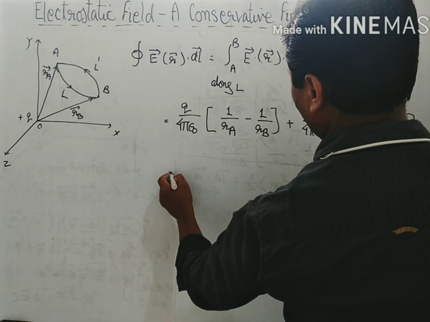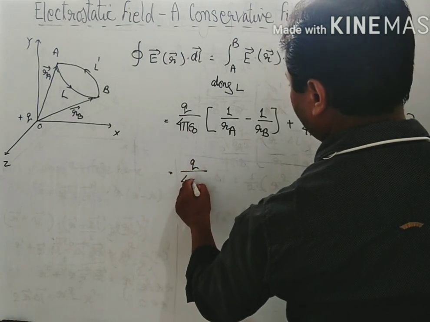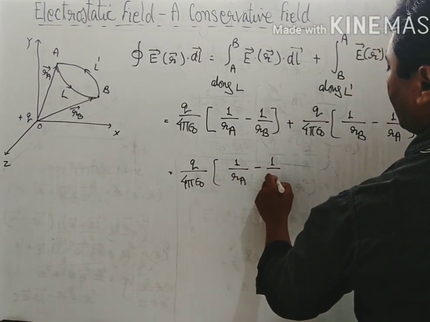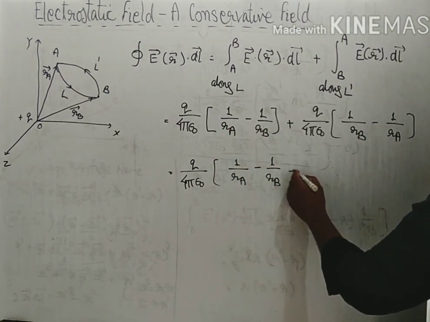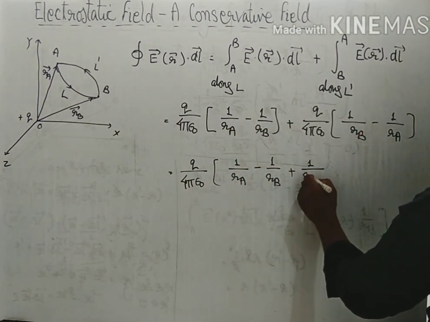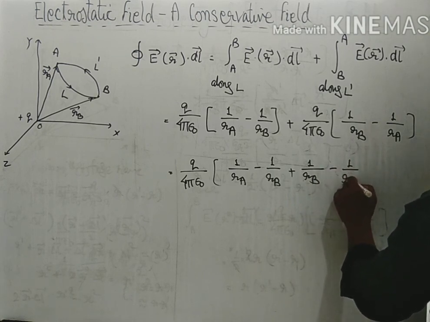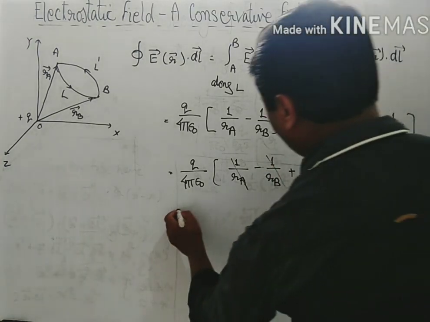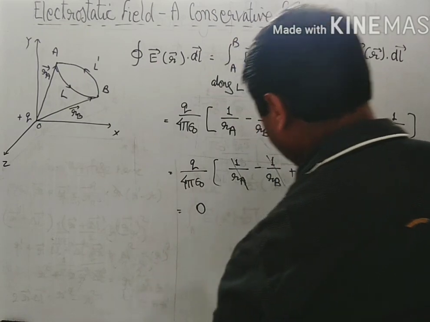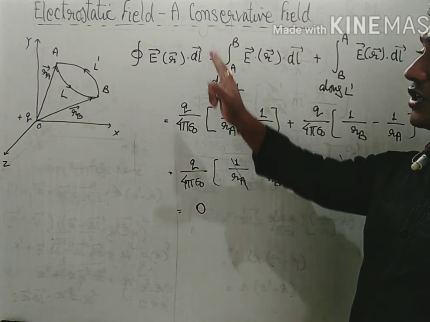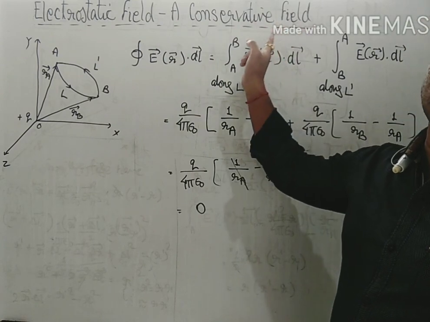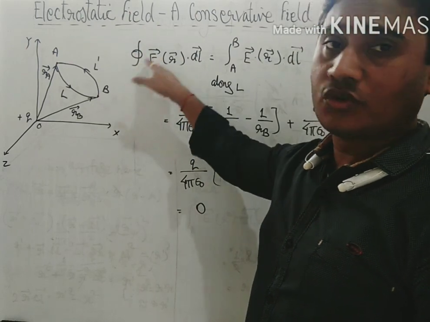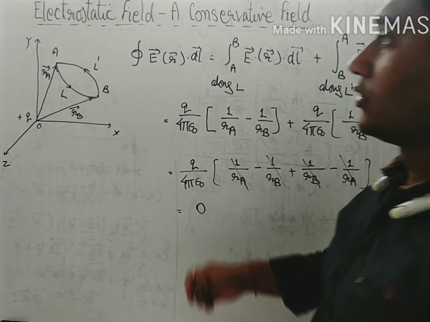So Q upon 4 pi epsilon naught times 1 upon RA minus 1 upon RB, plus 1 upon RB minus 1 upon RA. This cancels with this, and this cancels with this. So as a whole we get a big zero. Hence, the electrostatic field is a conservative field, as the line integral of the electrostatic field over a closed boundary is zero. So this way we can prove it.